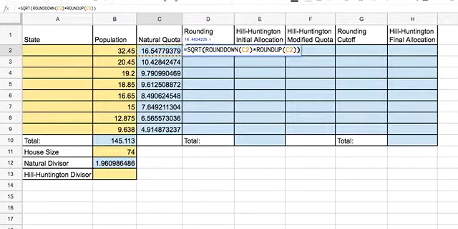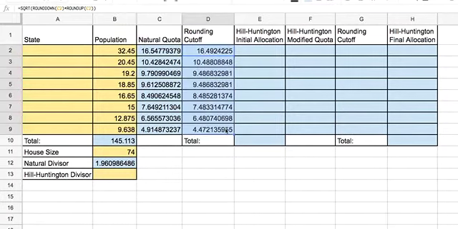This gets our rounding cutoff for this specific value. It's not always 0.5. It's not always the integer. It changes every single time. Once I have that, I will take my little blue bubble, autofill all the way down.